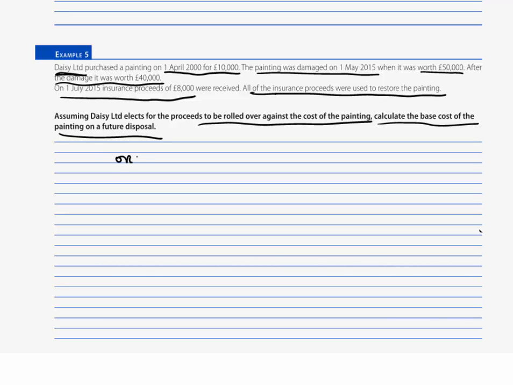Now, to begin with, we of course start off with what was the asset's original cost. The original cost, we were told, was £10,000. What do we then do? We deduct from that our insurance proceeds.